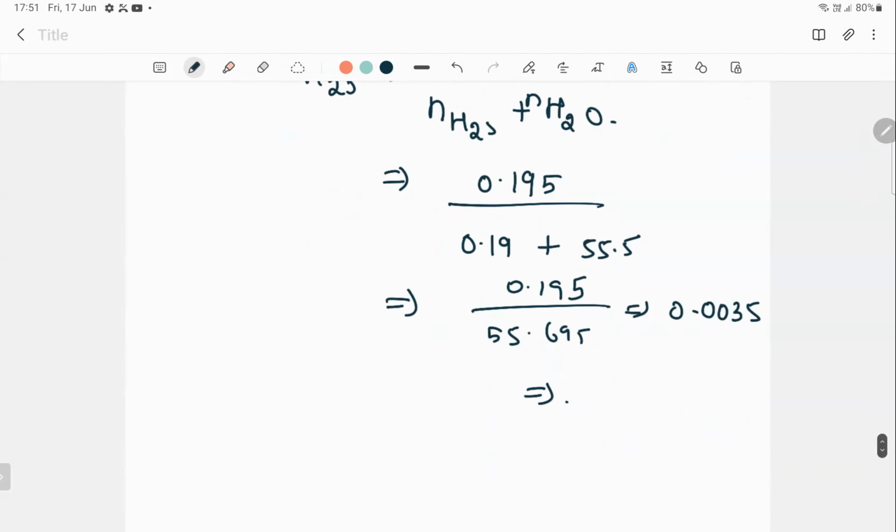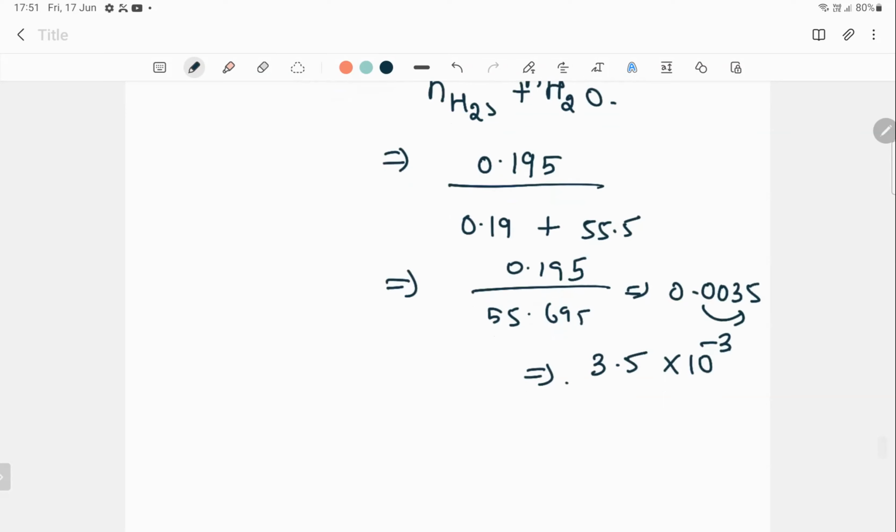With 195 also a similar value will be there. So 3.5 into 10 to the power minus 3.